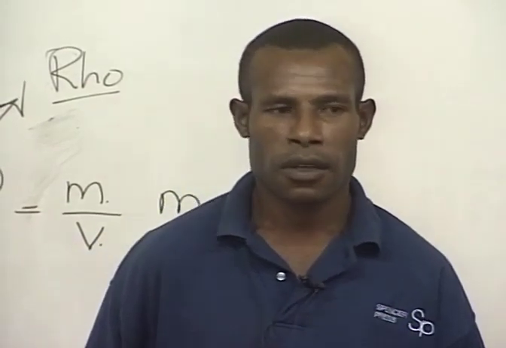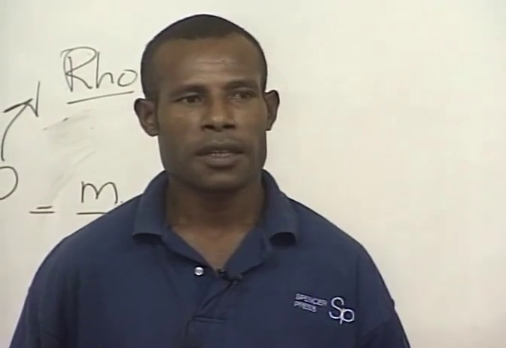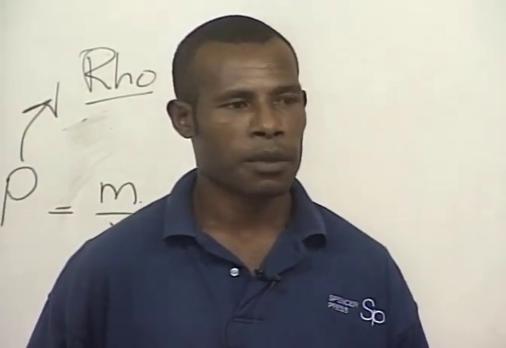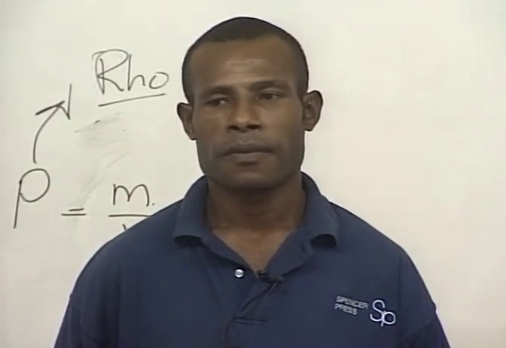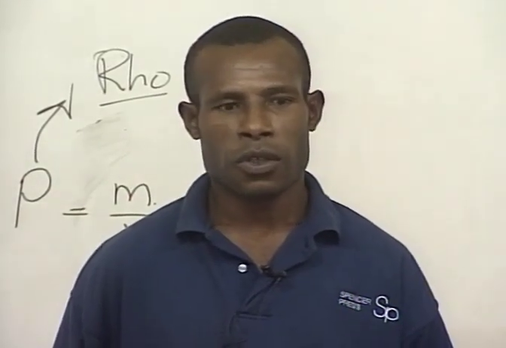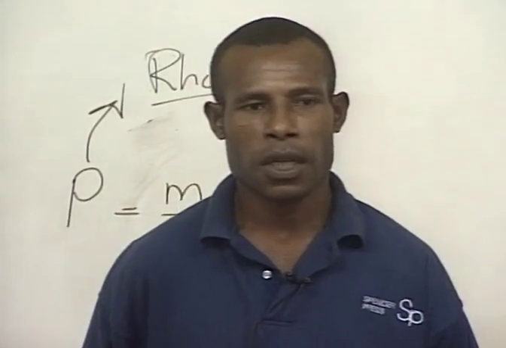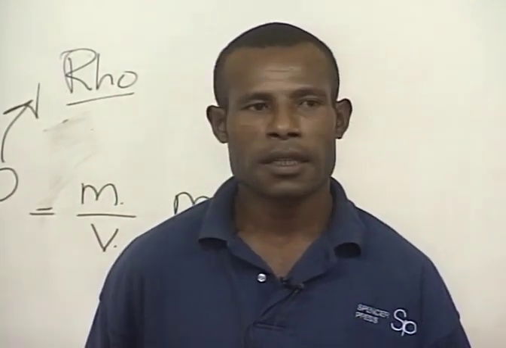Okay, very good. So from the definition we can see that density is the measure of the amount of particles in a given space, or simply the mass per unit volume. So basically we'll be going through and looking at density.